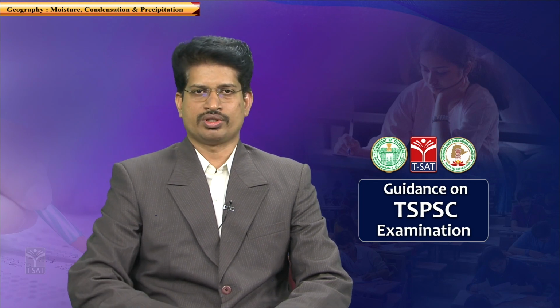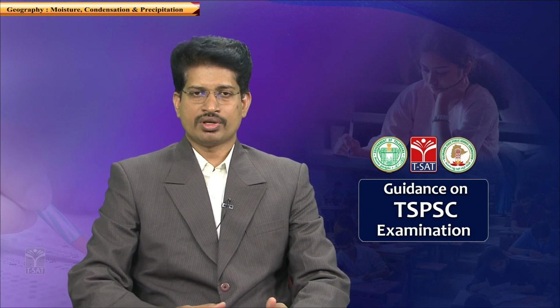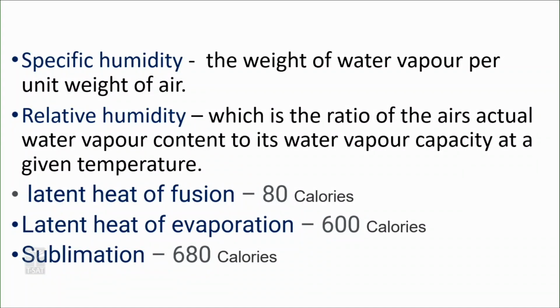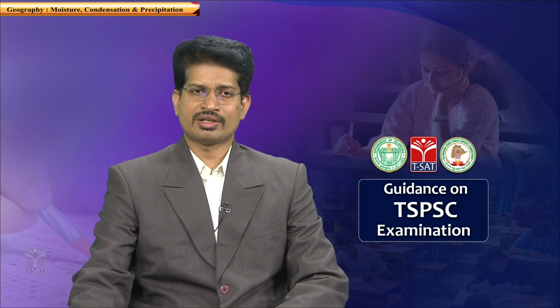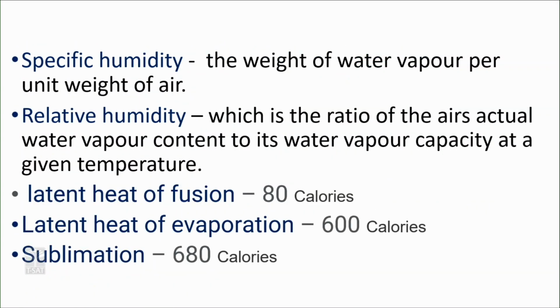Next, specific humidity: the weight of water vapor to the weight of air. Previously one was volume and the other weight, but here the ratio is between the weight of air and the weight of water vapor. That is the fundamental difference between absolute humidity and specific humidity.